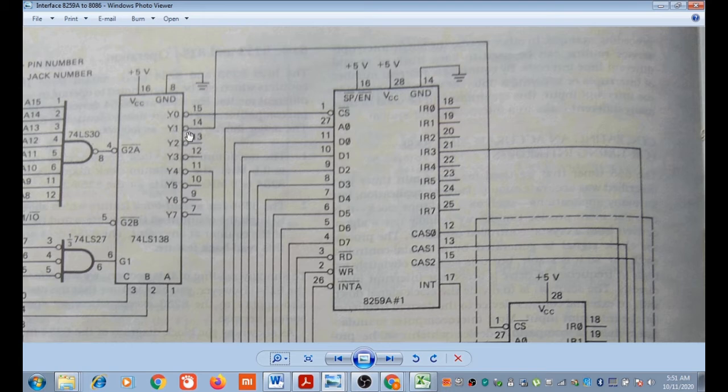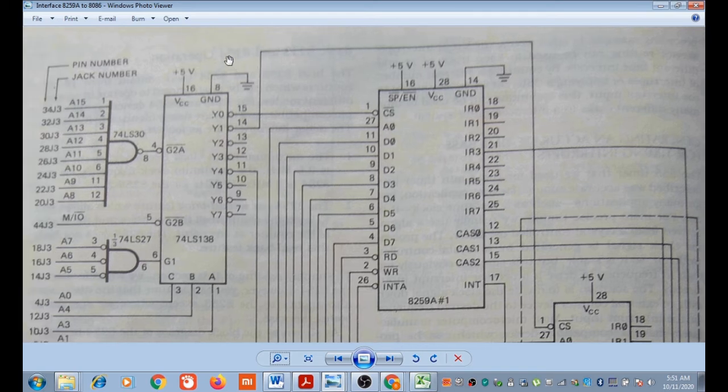Okay, so Y1 will be active if and only if the 74LS138 is enabled and 001 appears on these pins C, B and A.